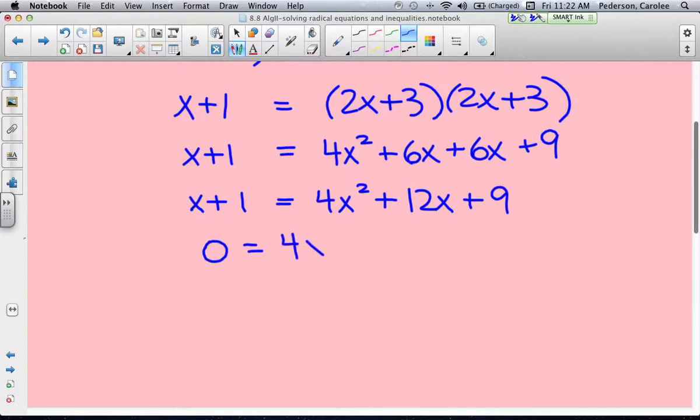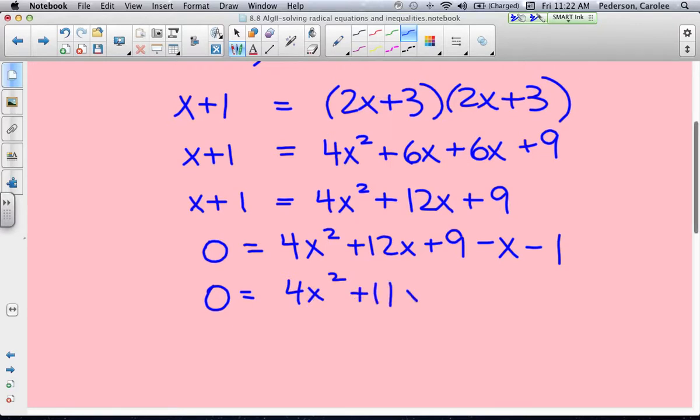Bring the x and the 1 to the right. So I'm going to subtract an x and subtract 1. Now combine like terms. 4x squared. And then 12x minus x is 11x. And then 9 minus 1 is 8.